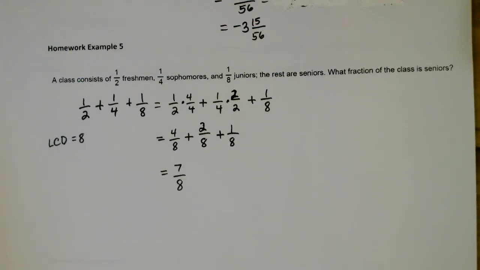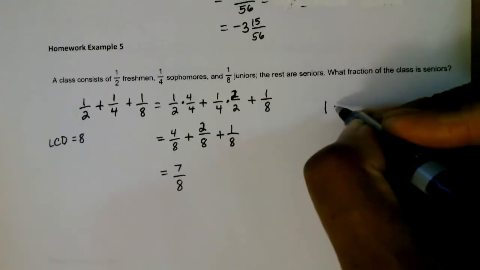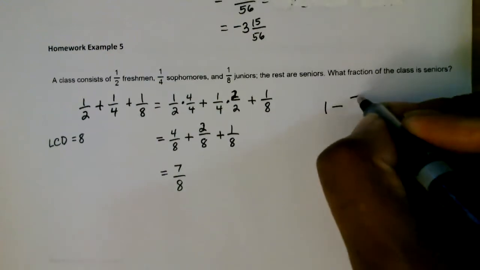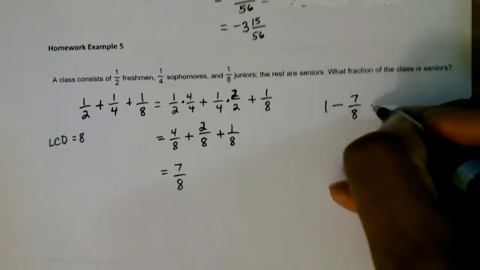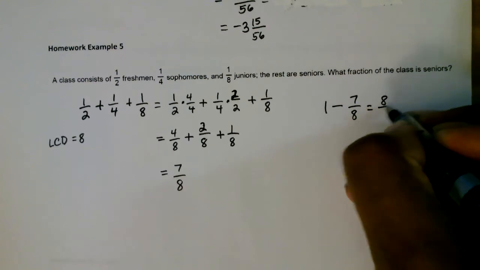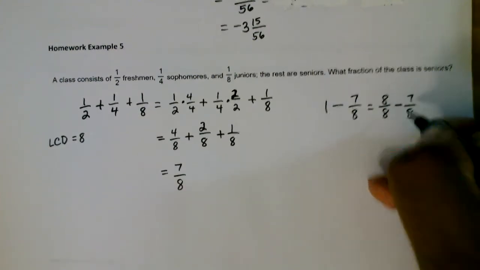That consists of freshmen, sophomores, and juniors. So now, what fraction of the class is seniors? Well, the whole class consists of all freshmen, sophomores, juniors, and seniors. So that's 1 whole minus 7/8. And how many 8s are there in a whole? It will have to be 8. So it's 8 over 8 minus 7 over 8.